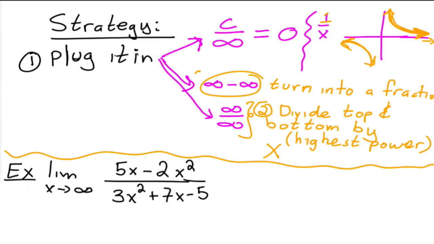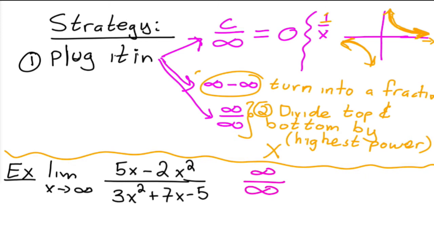Okay, so if you plug in infinity, here you get infinity minus infinity squared, which is going to be negative infinity. We won't worry about the signs right now. And then the bottom is going to be 3 times infinity squared plus 7 times infinity minus 5. So this is also infinity. The top is getting really big, the bottom's getting really big, so you have infinity over infinity, which is an indeterminate form.